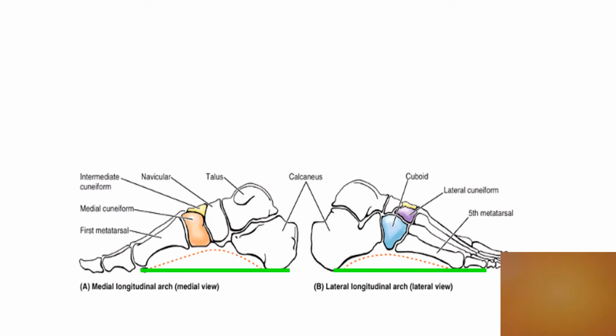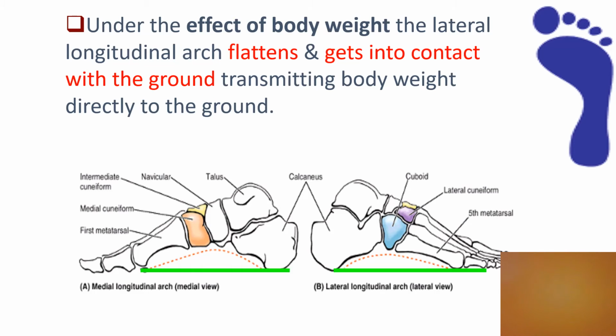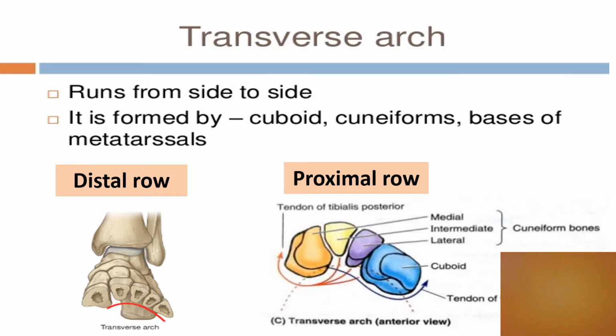Under the effect of body weight, when the person is heavy, the lateral longitudinal arch is the first of the two arches to touch the ground. It gets to contact the ground, transmitting the body weight to the ground. Here is the lateral longitudinal arch, where the medial longitudinal arch doesn't touch.